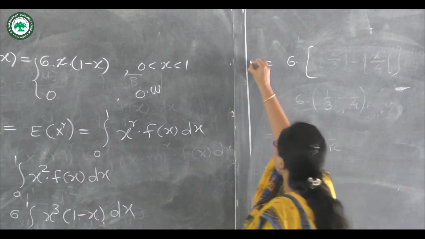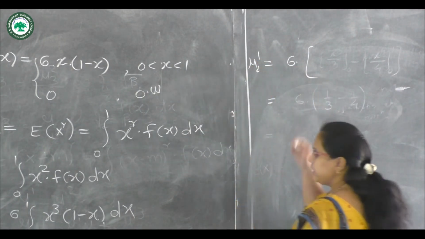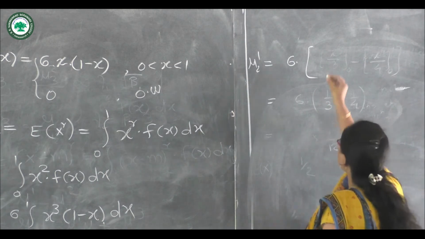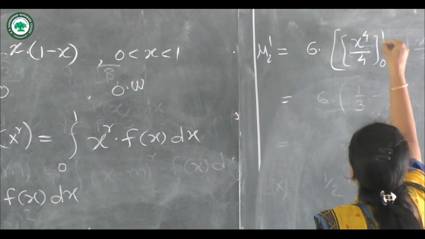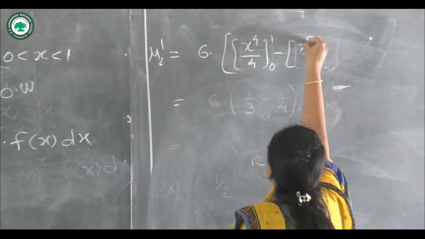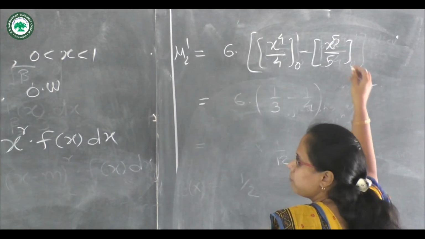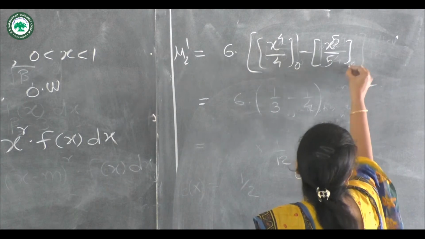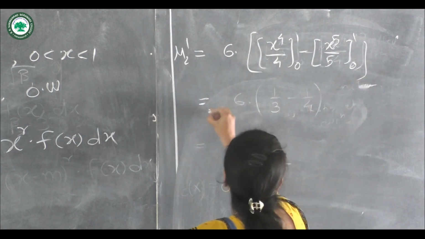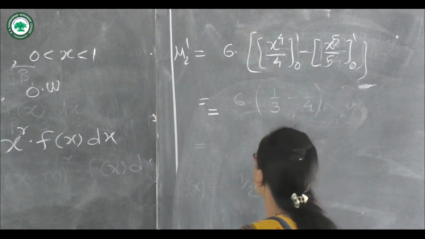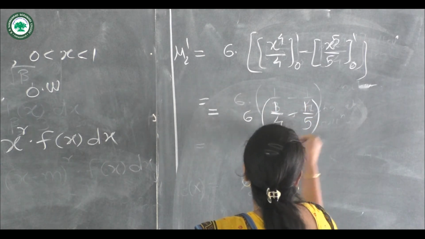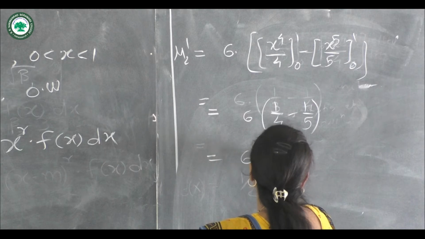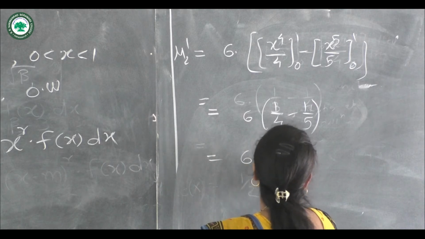So here mu 2 dash equals the integration of x cube, which is x raised to 4 upon 4, and here it is x raised to 5 upon 5. By substituting the lower limit and upper limit, we get 6 into 1 upon 4 minus 1 upon 5, which is 1 upon 20.